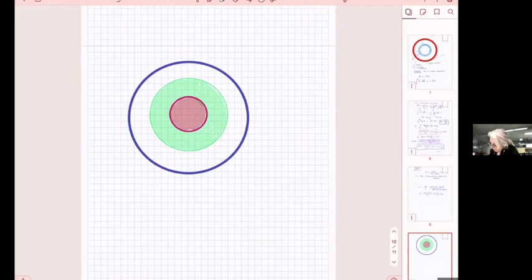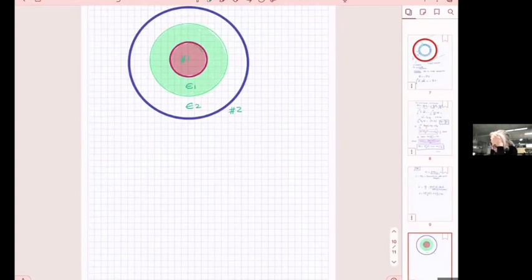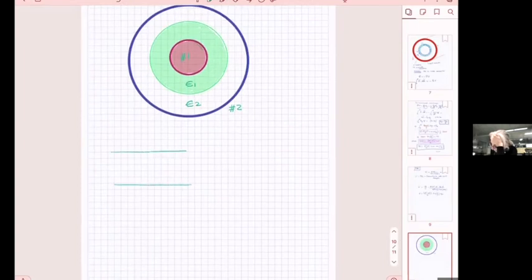All right, so this is a coaxial. This is epsilon 1. This is epsilon 2. This is conductor 1, and this is conductor 2. How did we find the capacitance of the parallel plate capacitor that had two dielectrics? Remember?